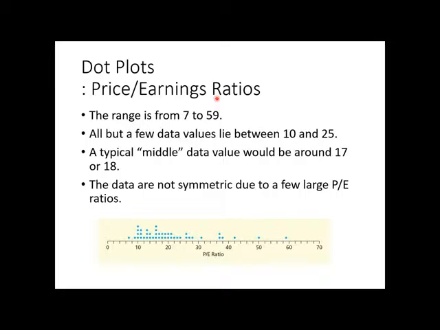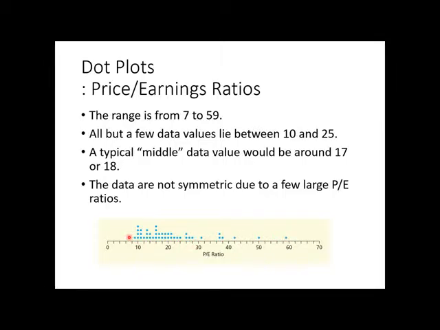The price earning ratio has 44 data. The minimum value is 7 and the maximum value is 49. So 7 is here and 49 is here.